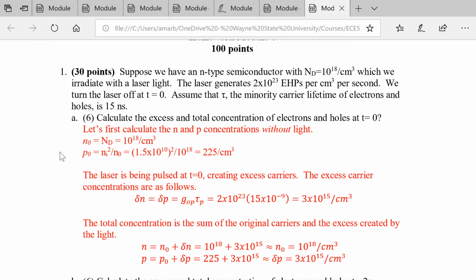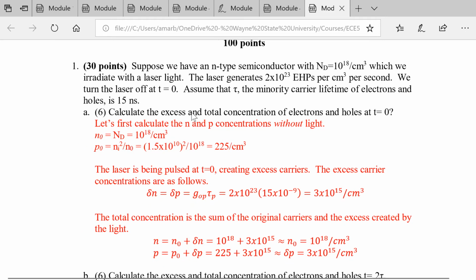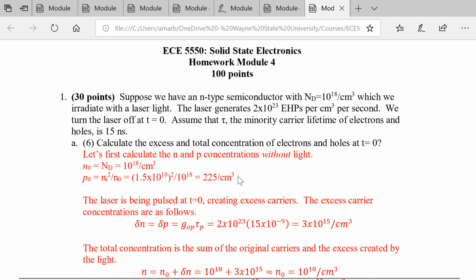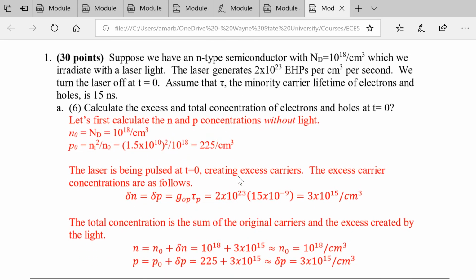If I give you N-type or P-type doping, you should be able to calculate the electron hole concentrations. So that's easy. N0 is just equal to the doping, and then for P0 you use np equals ni squared. Use that equation, you get 225. So that is the N0 and P0.